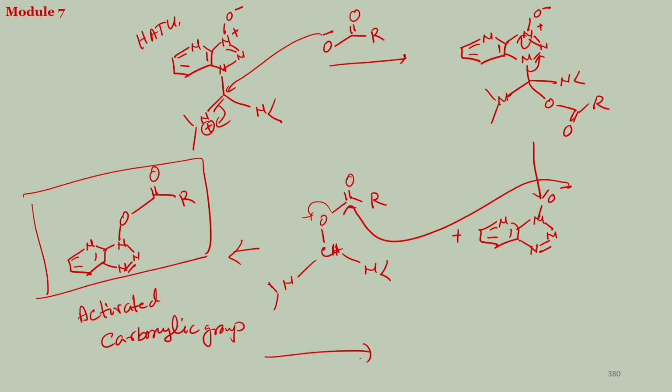Now, if you have the amine which is R NH2, this will react, this will come back again, it will be regenerated to some extent, the O minus would be relieved and you will have, this is R, this is R1, CO NH R1.